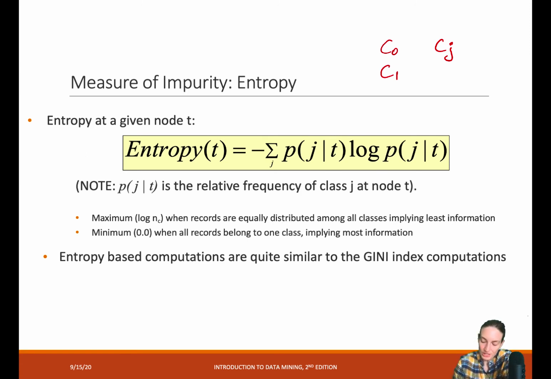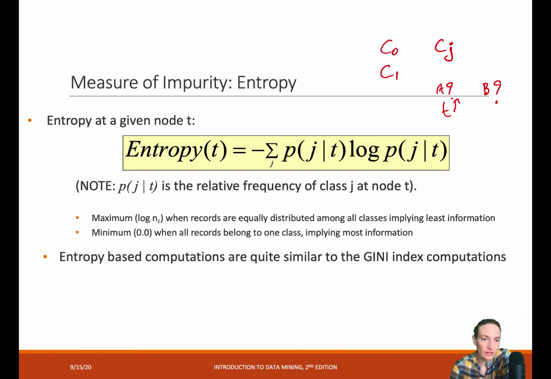And node t will refer to which node you choose. In case we had A or B as attribute in the slide before, this would be referred to as t. Hope that makes sense. Notice that entropy-based computations are very similar to the Gini index computations, which we will see a few slides from now.